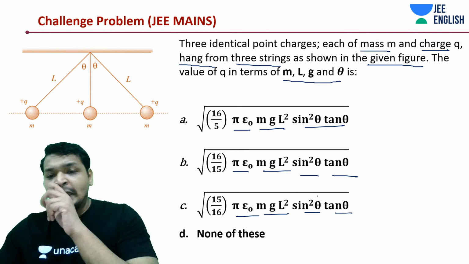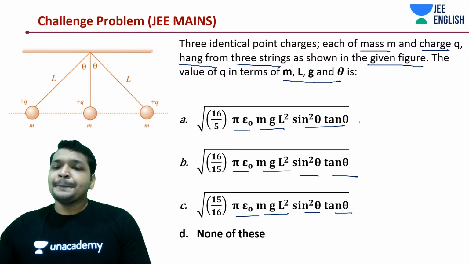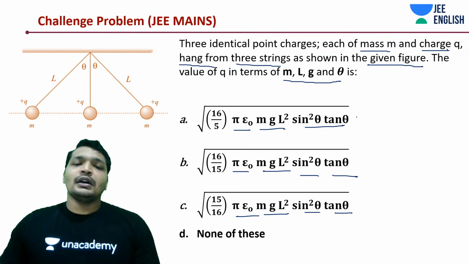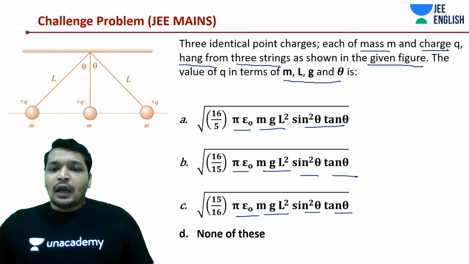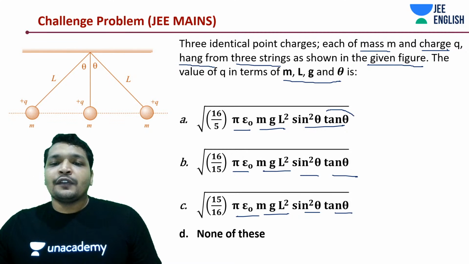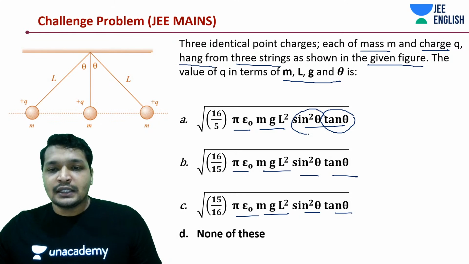And if you're totally new to your JEE preparation, really amazing. It's a simple problem, a little bit advanced compared to what we solved yesterday. One thing you need to understand is that you need to find something in terms of tan theta, and sin theta should also come in your final result.